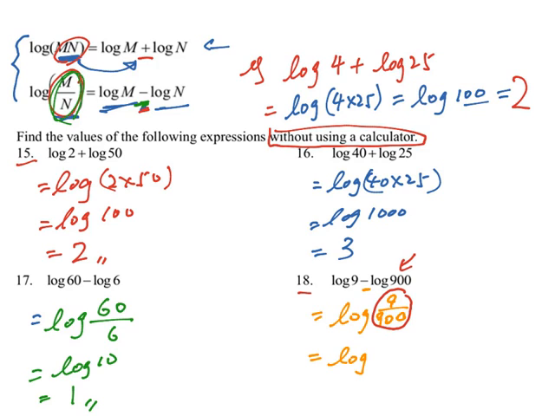So for 9 over 900, what can you get? You can get 0.01. So you see, jumping backward 2 times, or 2 zeros, so it is -2.